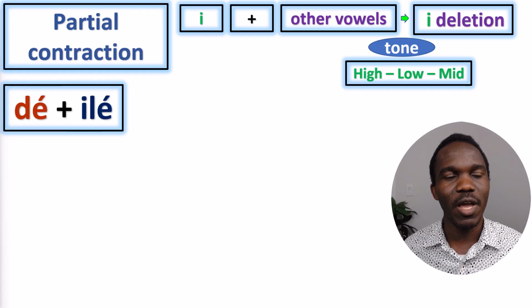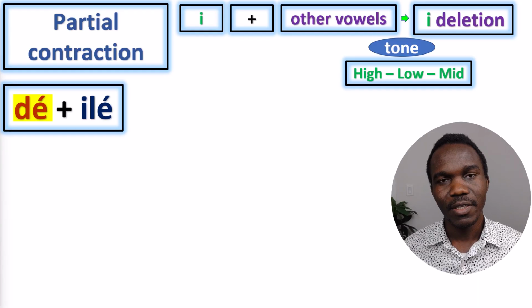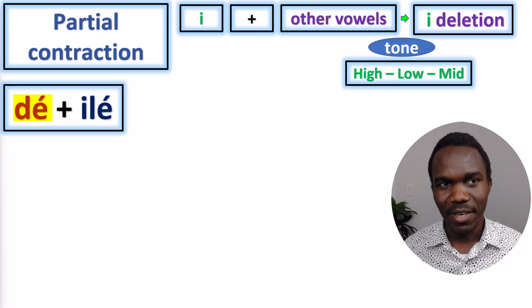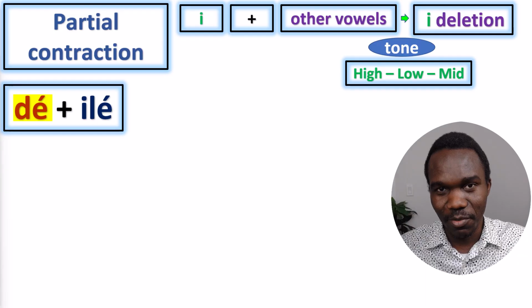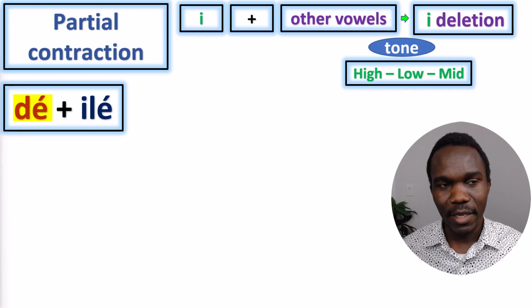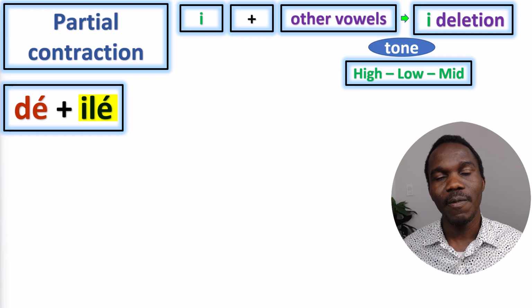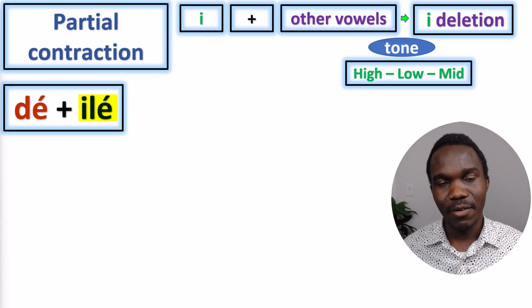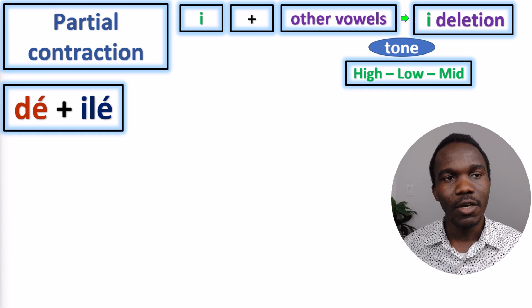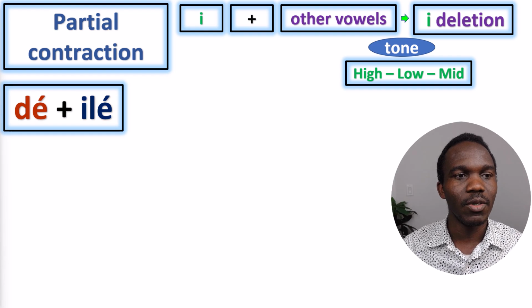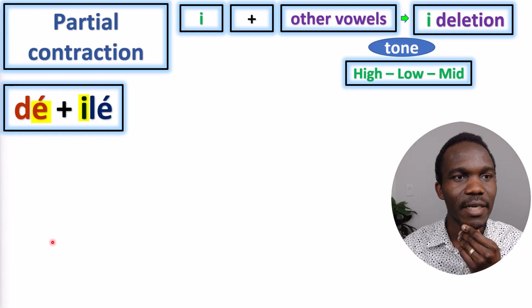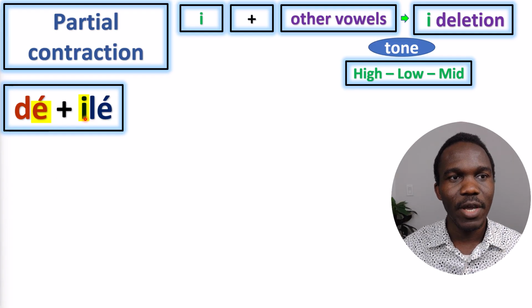Look at this one now. We have mẹ́, dé, ilé. Can you see the reason why we did some blending before? Let's look at how the rule works, and this is where the E stays.